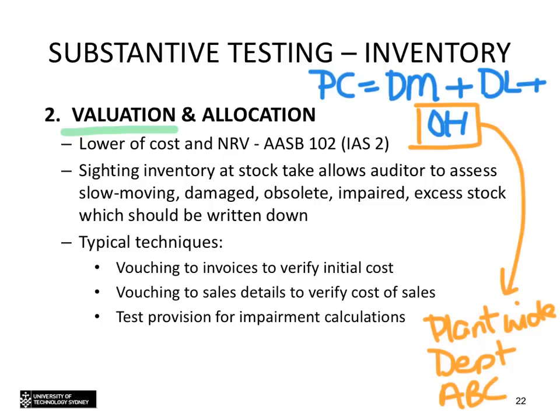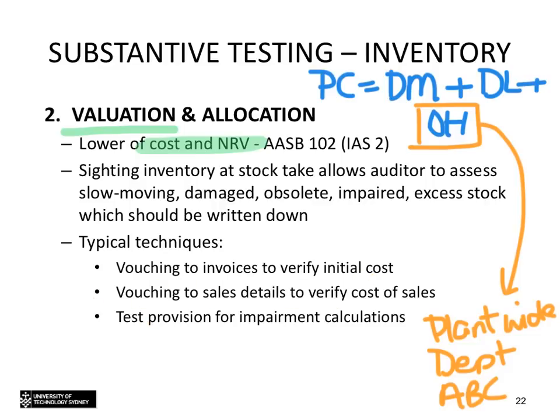Now, we know that there's certainly some basic rules in regards to valuation of inventory: lower of cost or net realizable value. So you need to do some research on net realizable value. We might need to look for stuff that might need to be written down in value because it's old, damaged, obsolete, impaired. So we might do some vouching, do some recalculations.